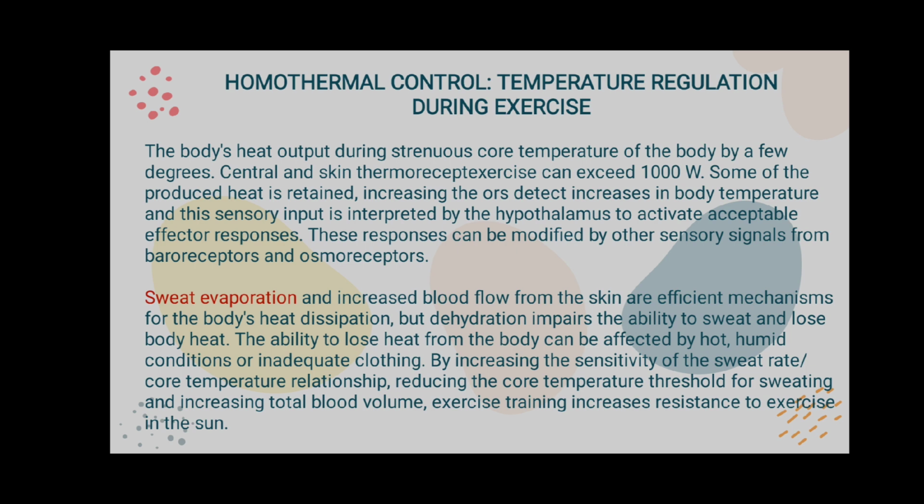Exercise training increases resistance to exercise in the sun by increasing the sensitivity of the sweat rate, core temperature relationship, reducing the core temperature threshold for sweating, and increasing total blood volume. In order to evaporate sweat, the heat from the body must be transferred to the skin. That's why, as we discussed earlier, we need to drink a lot of water before we do physical activity.